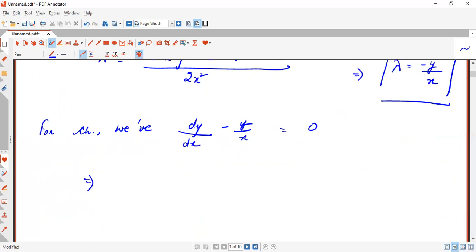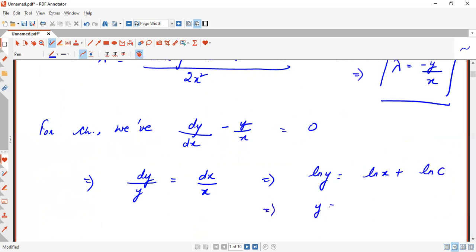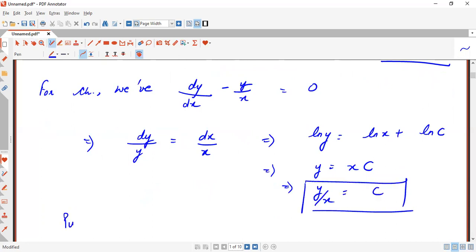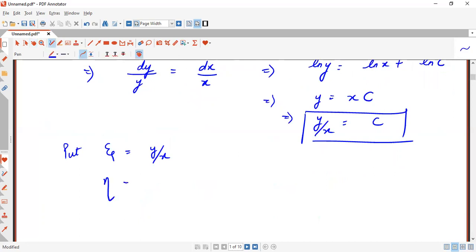What will it become? We have solved this kind of equation so many times. So we have got your xi as y upon x, and eta is a function of x and y. You can take anything. We have done it in the previous video, right? So let's take eta as y.